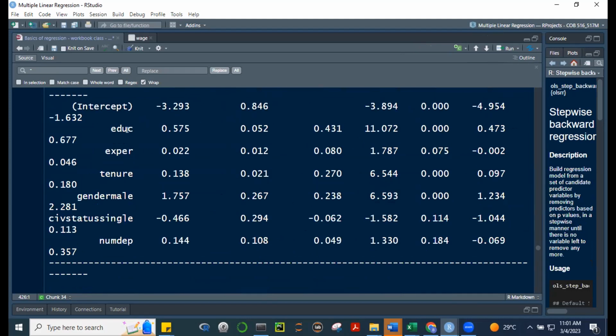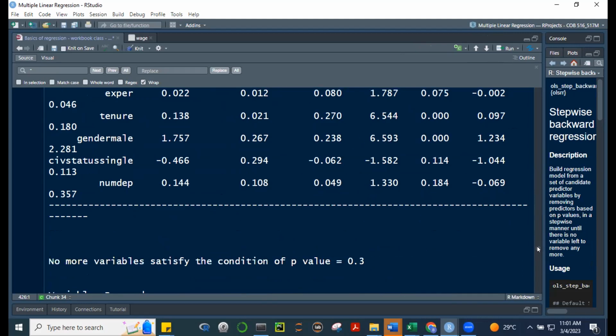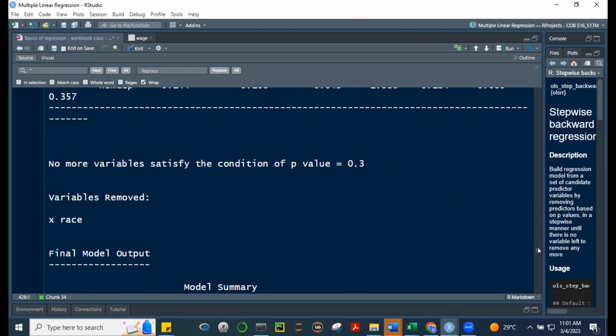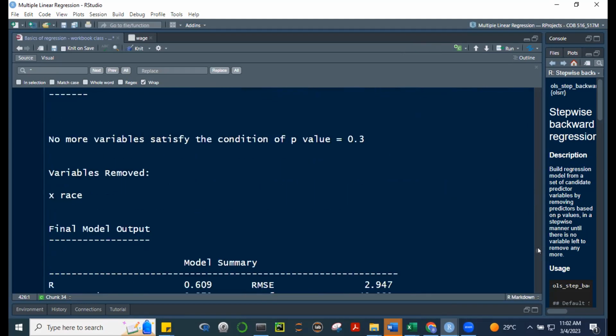Okay, nung tinanggal natin si race, ito yung naging result. So this is the model 3, no? Na ginawa natin, tinanggal natin si race. Okay? All right.